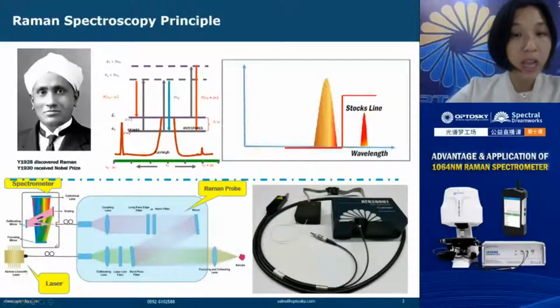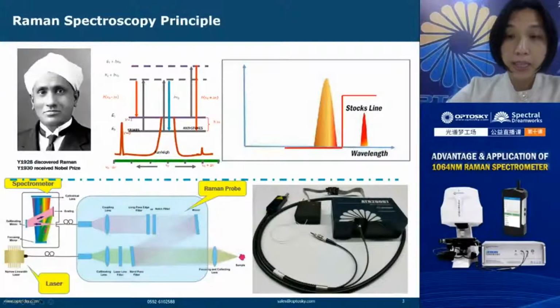First is the spectrometer, second is the laser, a narrow light band laser, and thirdly is the Raman probe. Firstly, the laser shoots on the slit and on the collimating lens to collimate the light, and goes to the focus lens and shoots on the sample. The sample will generate the scattering light, which is refracted through the long pass filter, focused by the covering lens, and goes to the spectrometer to analyze the scattering light.